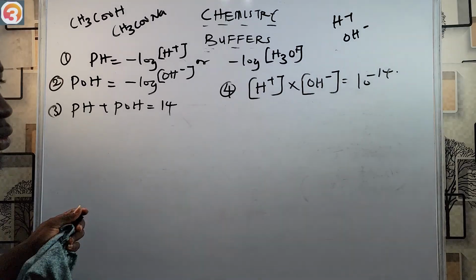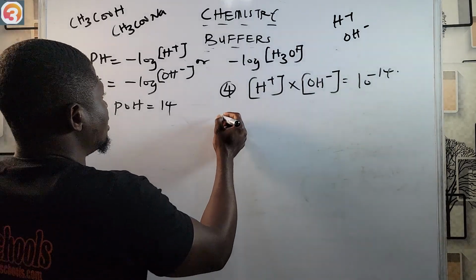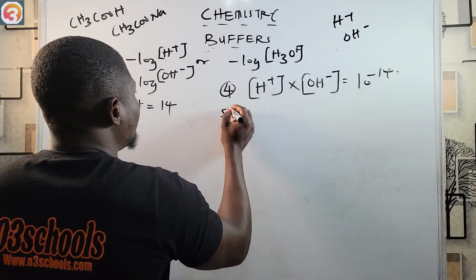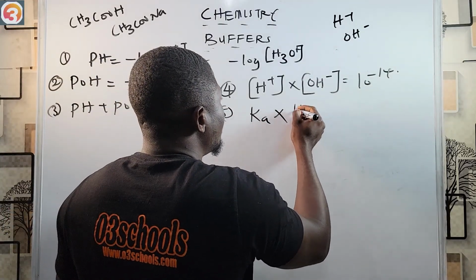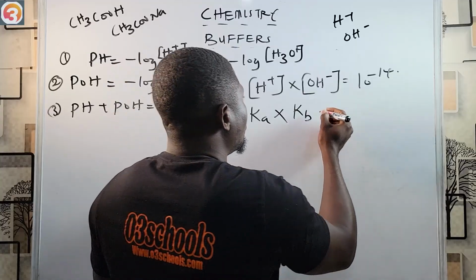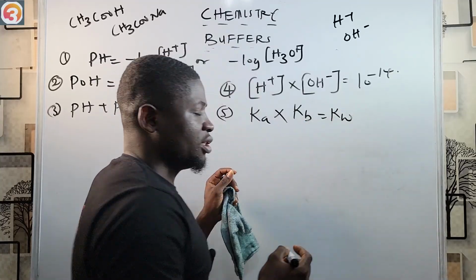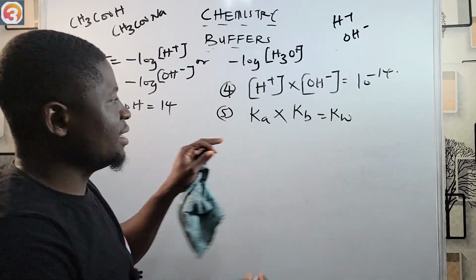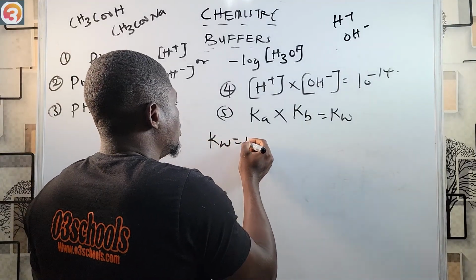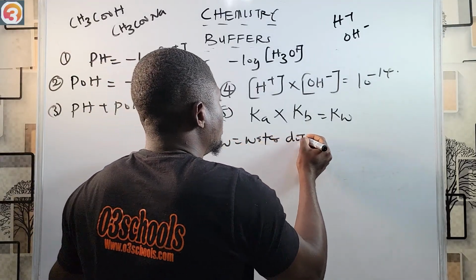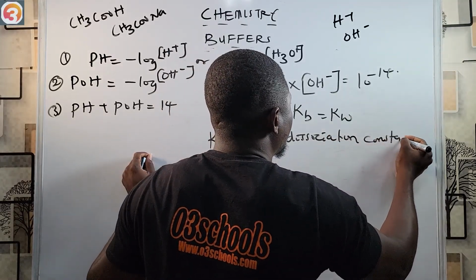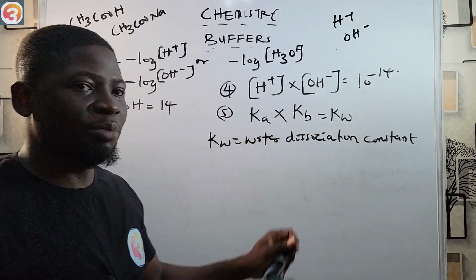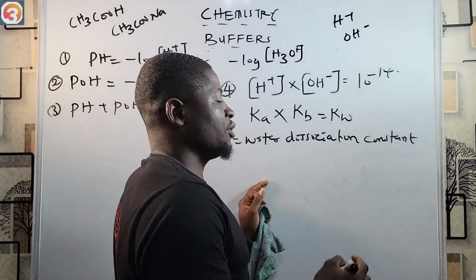Another one which we didn't use very well, number 5, is the product of the acid dissociation constant times the base dissociation constant, which gives us the water dissociation constant. Ka times Kb is Kw, equal to 10 raised to power minus 14.